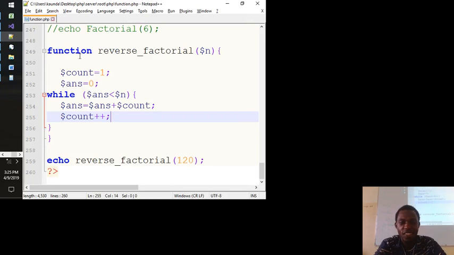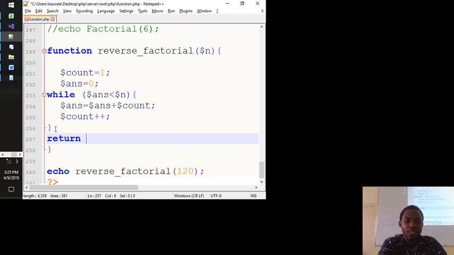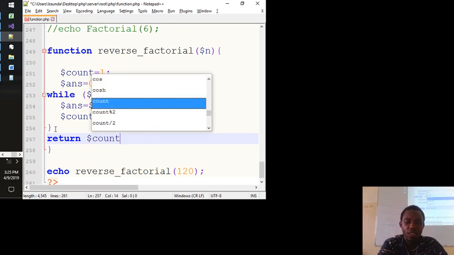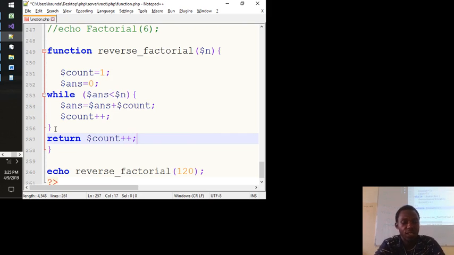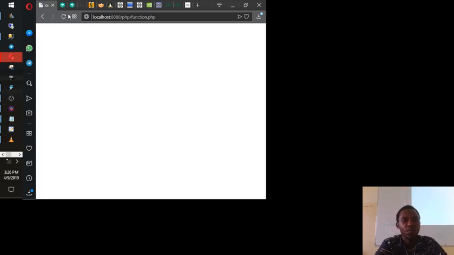It didn't give anything. Yeah, that is true. So I'll return the number of times I've multiplied. So this will always be the value. Returning this. No, just have to return count, not count plus plus.